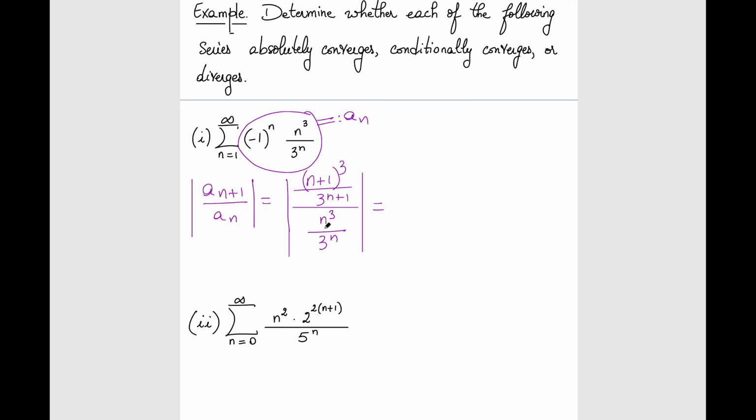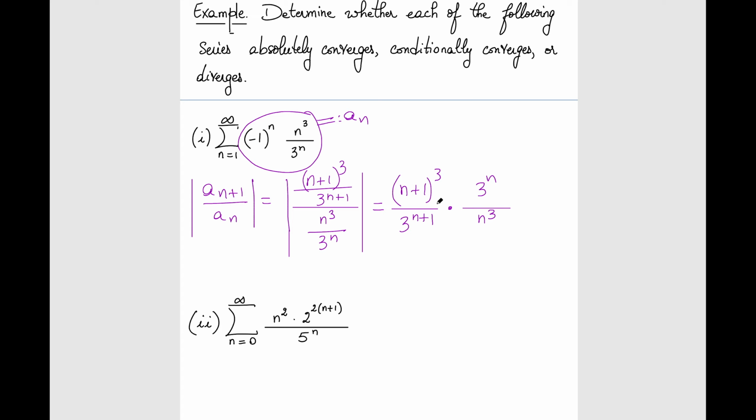And if you're dividing by this quotient, it means you are multiplying by the reciprocal of this quotient.